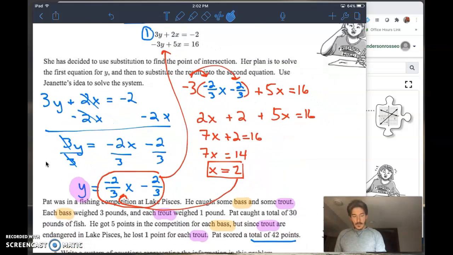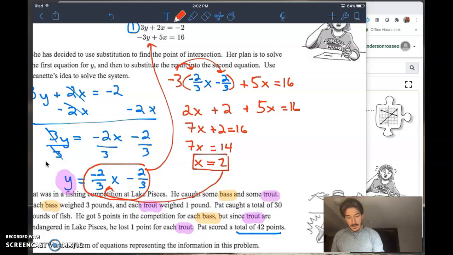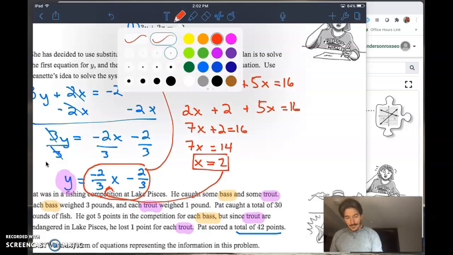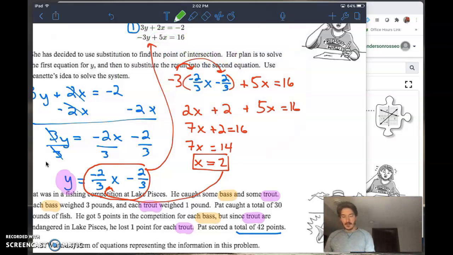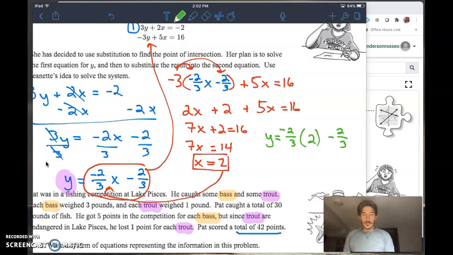And this is where the math gets a little bit tricky. We have to be very disciplined here, right? So y equals negative 2/3 x. Now I'm going to put something in for x, minus 2/3. What am I going to put in for x? I'm going to put in what I know x is. I'm going to put in 2.